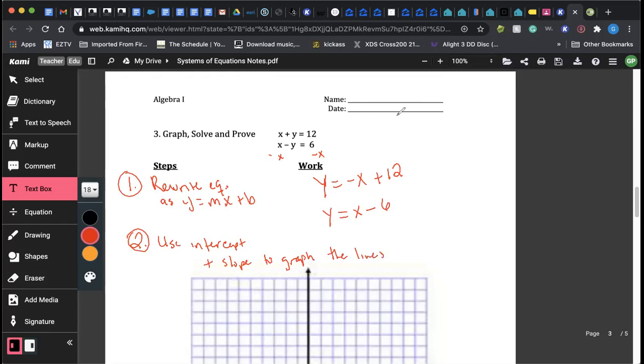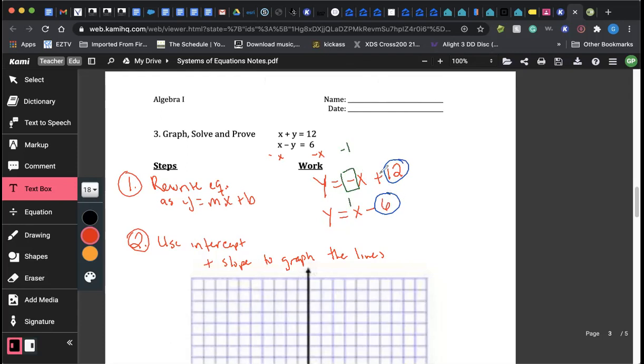So remember that your y-intercept is always at the end of that y equals mx plus b equation. That's why you wrote it like that, so that you knew what the y-intercept was, right? This is your y-intercept. And then of course your slope is going to be the number that appears before your x. So in this case, my slope is just negative 1. And here my slope is 1, right? Because if there's no number, that's what my slope is.